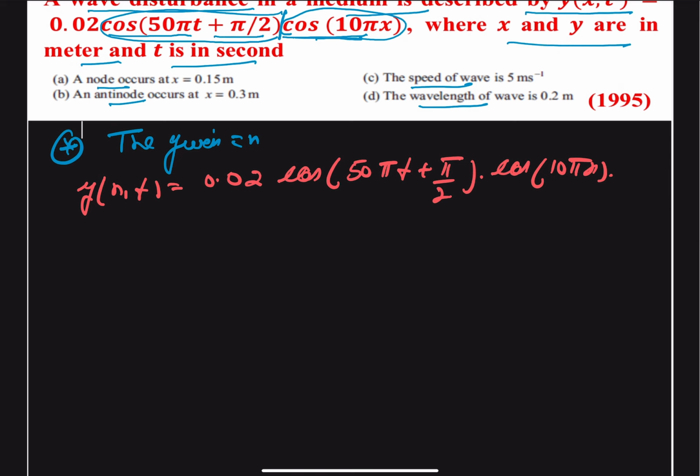So from here we can say that A, which is our amplitude, is equal to 0.02.